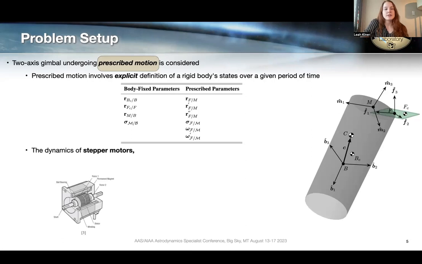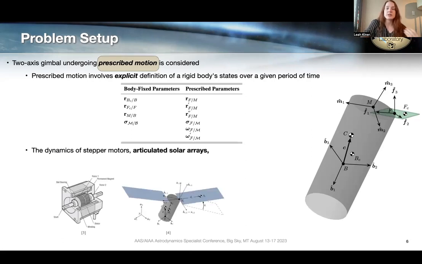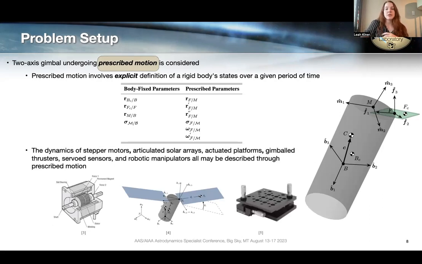To wrap up this discussion, the dynamics of stepper motors, articulated solar arrays, actuated platforms, gimbal thrusters, servo sensors, and robotic manipulators all may be described through this concept of prescribed motion.